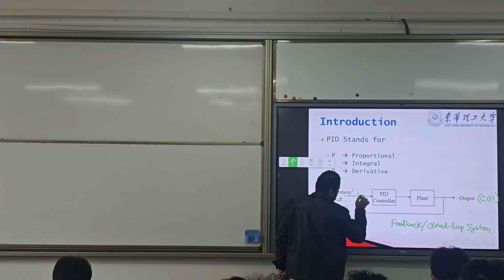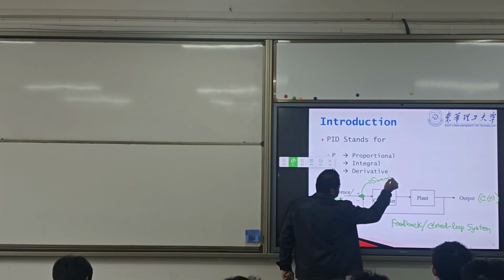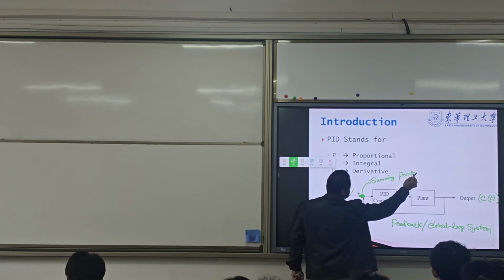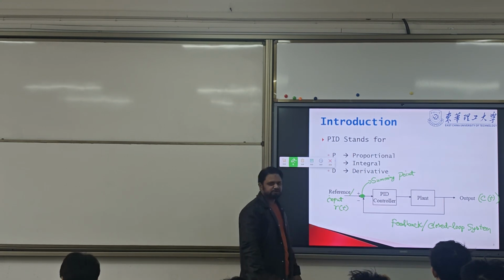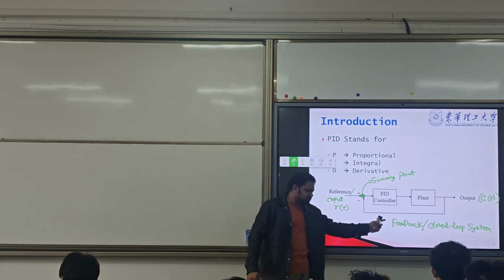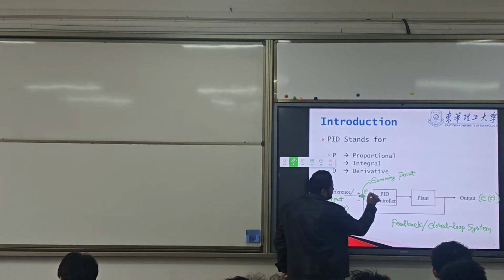What is the name of this point? Anyone? Summing point. So this is a summing point. And what do we get from here? We compare these two and we get an error.